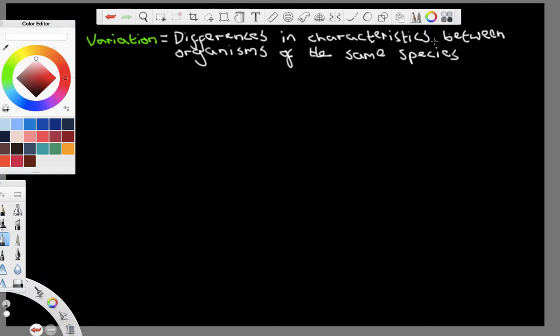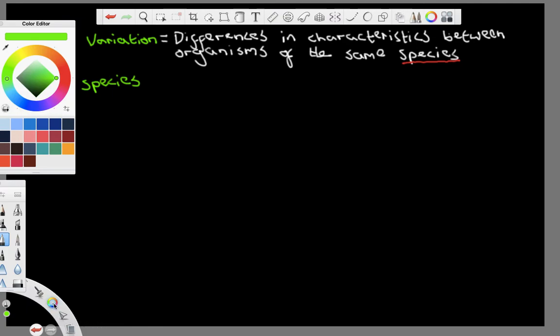Before we move on any further, I want us to define species, because that is a very important word and it has a very specific definition in biology. Our next keyword is the word species.